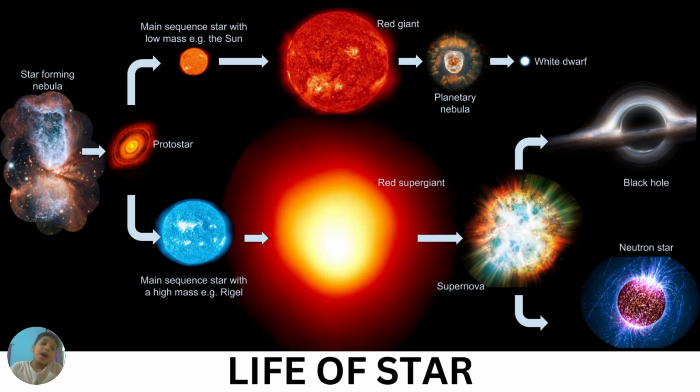The protostar can also become a main sequence star with high mass. An example is Rigel. Rigel is a star with very high mass and it emits more light than the low mass stars. They are much bigger than the low mass stars.